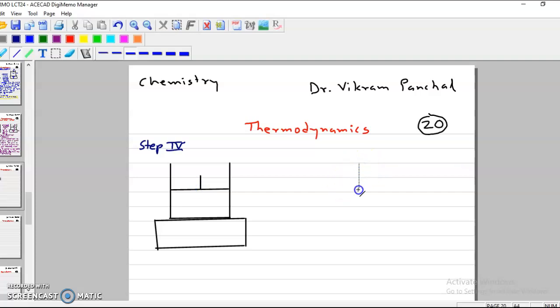So the final condition will be this one, where volume still decreases and will reach the original state V1.